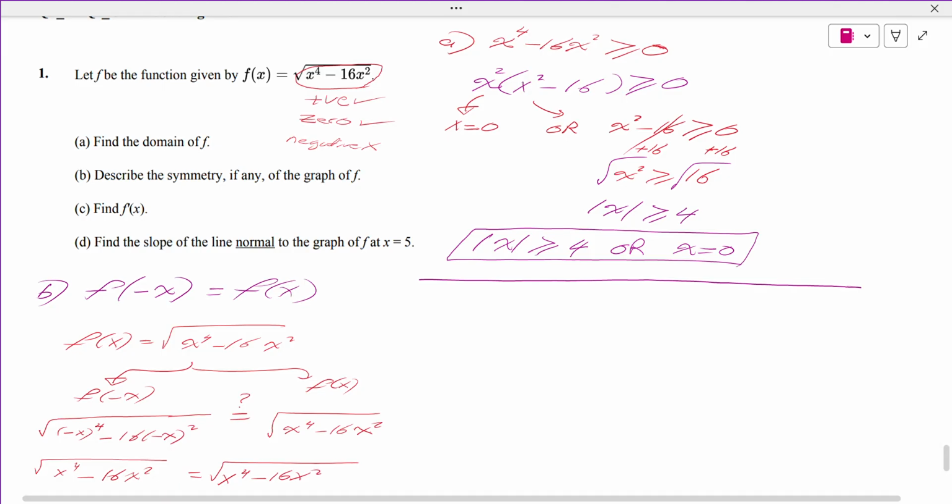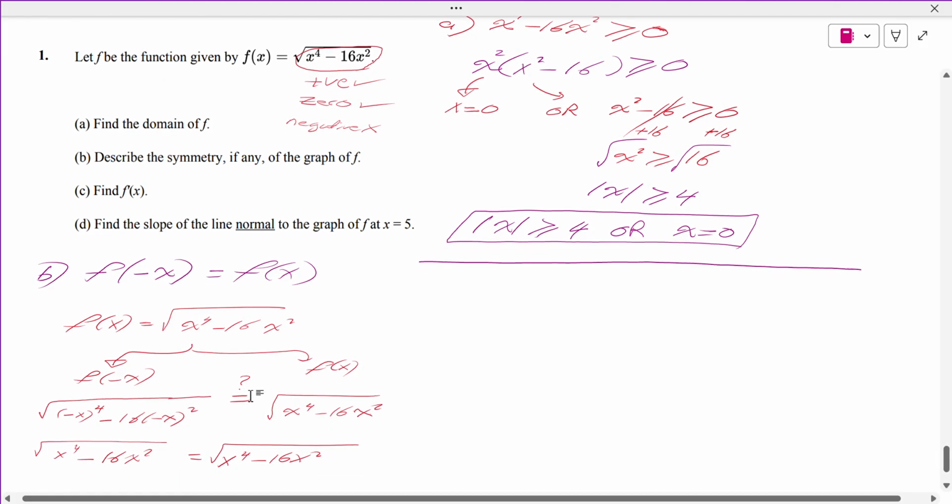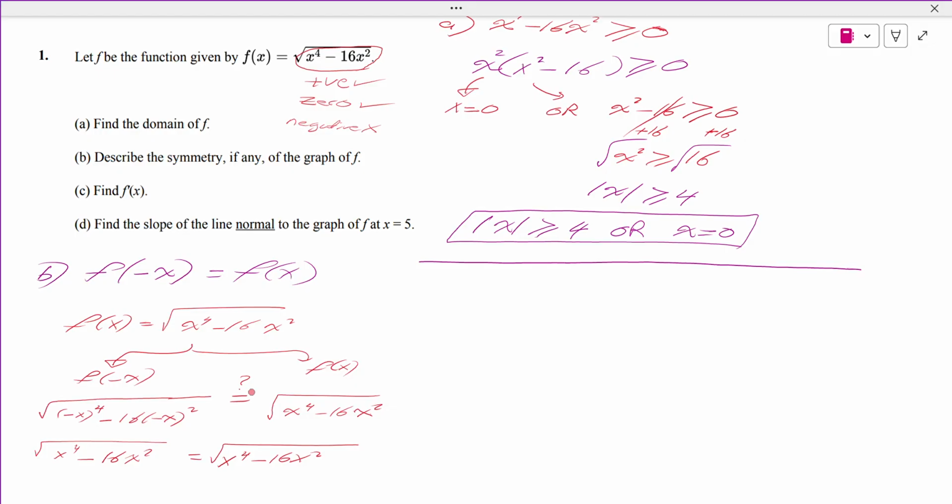Okay, I know it can be shorter, but here to check whether the graph has a symmetry with respect to the y-axis, you need to check this statement: f of minus x, is it the same as f of x? Well, we tried f of minus x and we compared it with f of x, and they are the same.